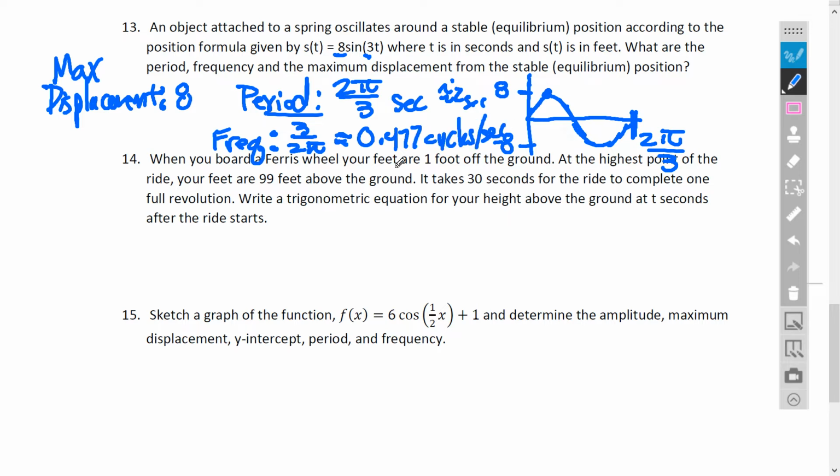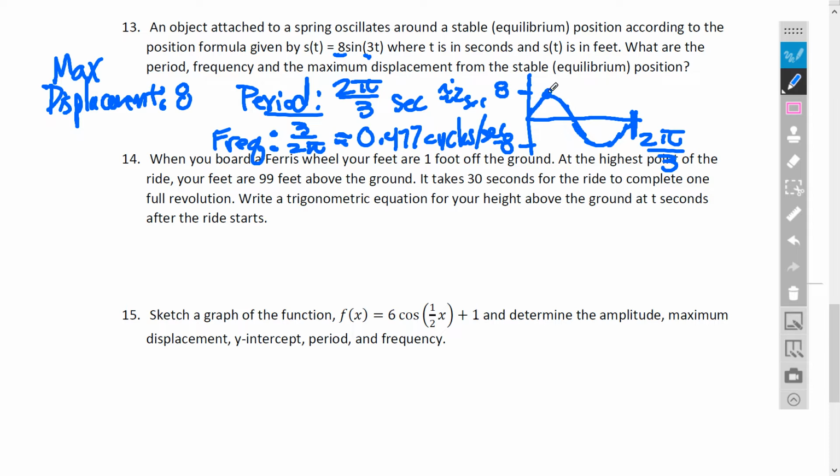So almost half a cycle per second, and that should make sense because the period is 2 seconds. Well, wait a minute. Does that make sense? 3 over 2 pi, 2 pi over 3.